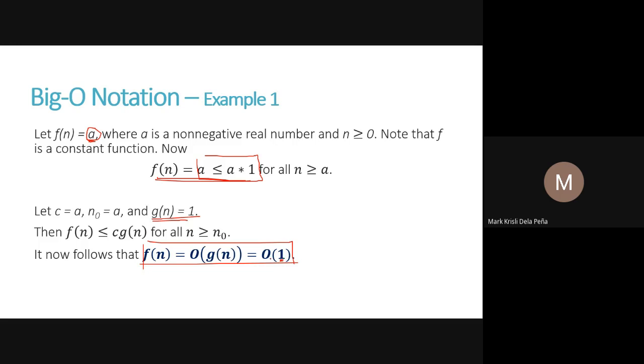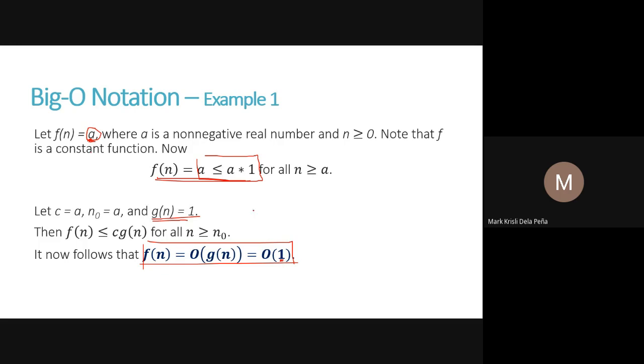That's a special case wherein our growth rate is a constant, meaning the worst case is just constant. We won't have a worst case and a best case and an average case. So the worst case, the best case, and the average case will be just equal since the growth rate is constant.